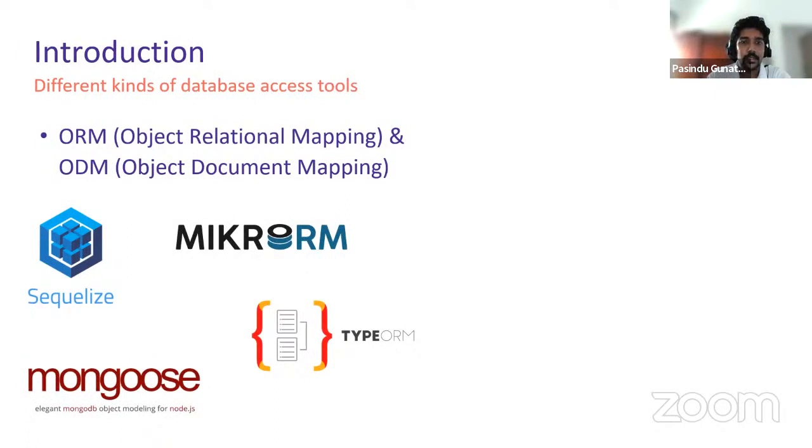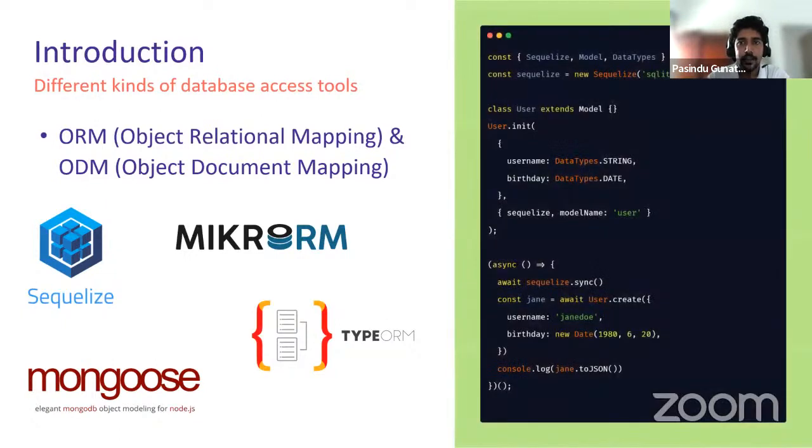So the main concept is that your entities are mapped into classes, and they are ultimately converted back into the underlying database representation, which is normally tables in relational databases. On the right hand side, there is an example written using Sequelize.